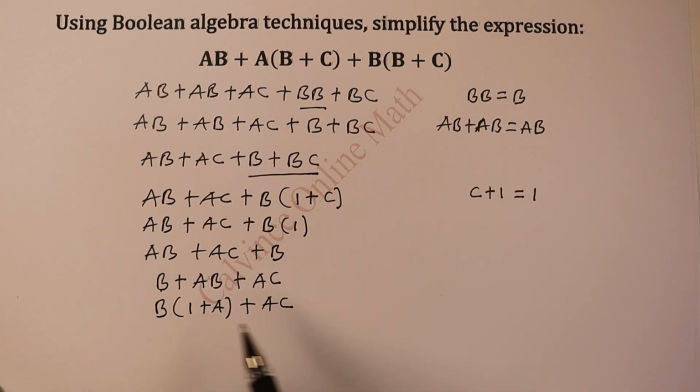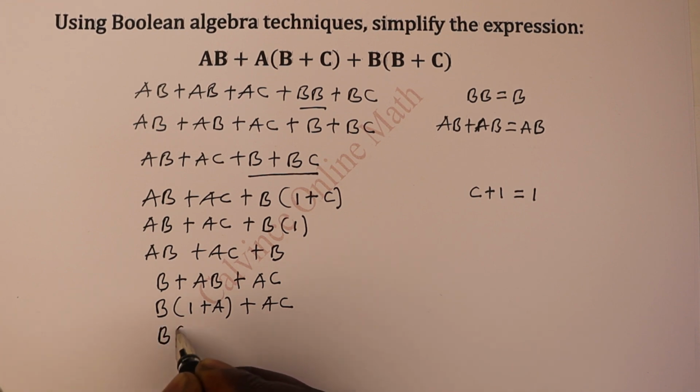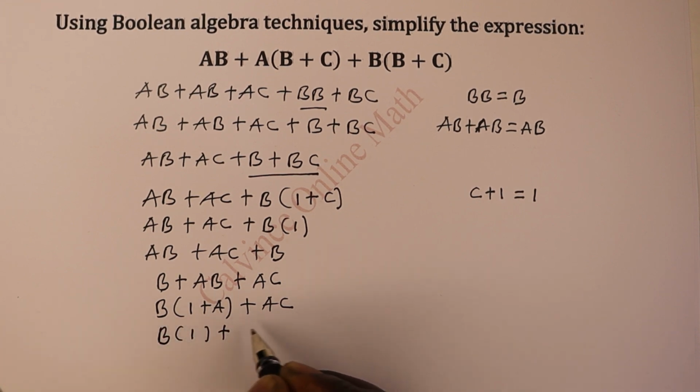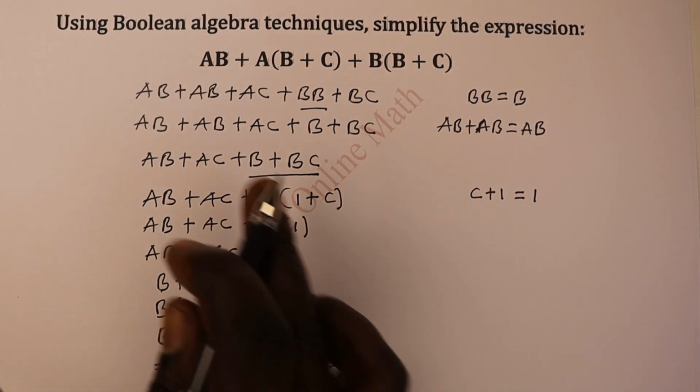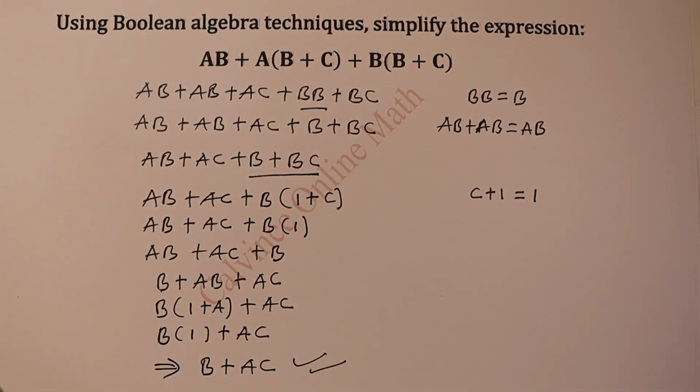And remember, we said earlier that if you OR a variable with 1, you get 1. So we have B into 1 plus AC, which is just the same as B plus AC, our simplest form of the Boolean expression.